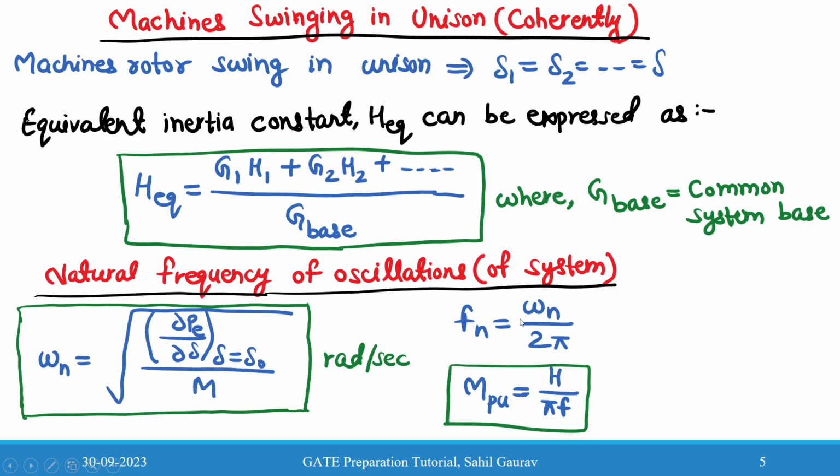If the question asks in hertz, then you divide omega n by 2 pi, so you get the answer in hertz. And here for M, you put M per unit equal to H divided by pi f, because the unit is radian per second.